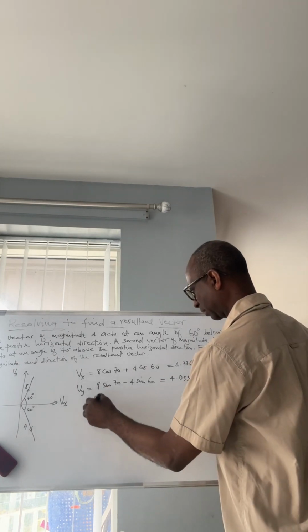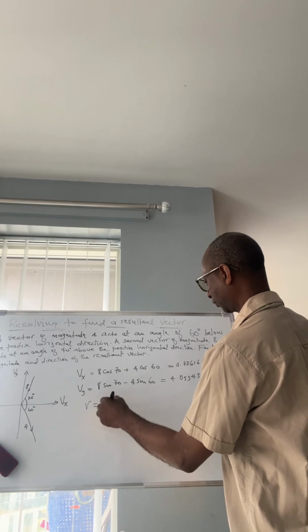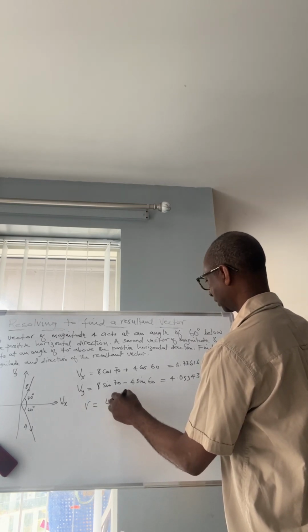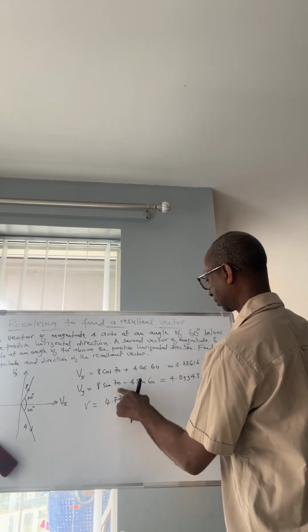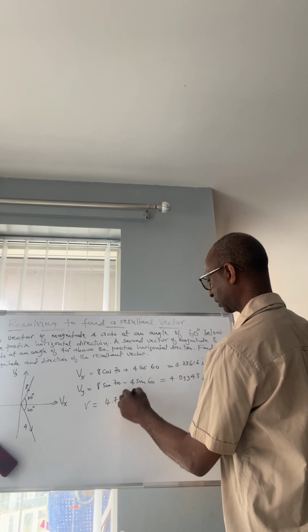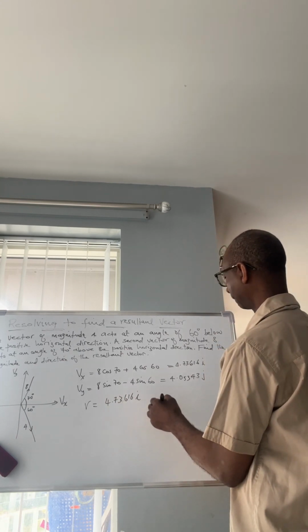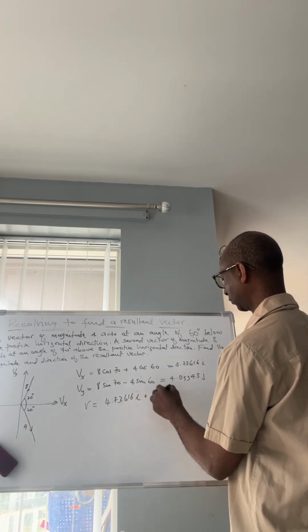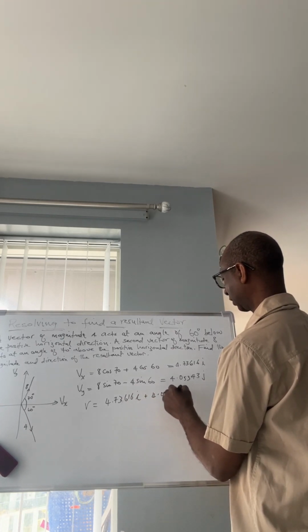It's going to be R equals 4.73616 I plus 4.05343 J.